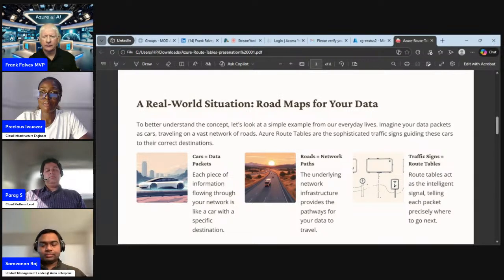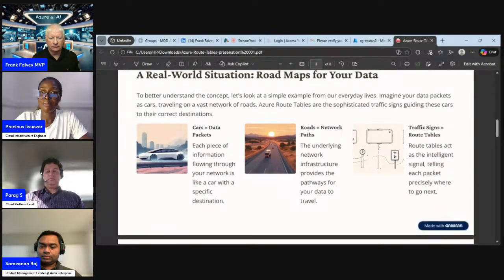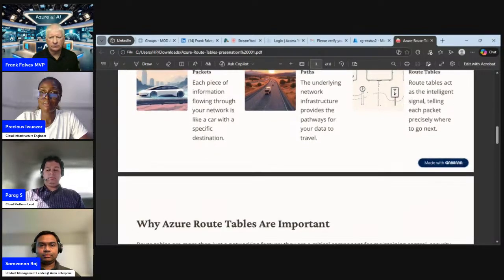Each piece of information flowing through your network is like a car with a specific destination. The road, which I identify as the network path, is the underlying network infrastructure that provides the pathway for your data to travel. The traffic signal, which is the route table, acts as the intelligent signal, telling each packet precisely where to go next.